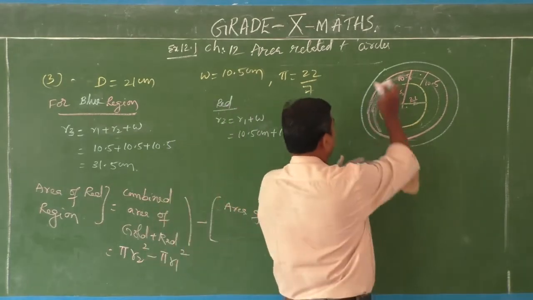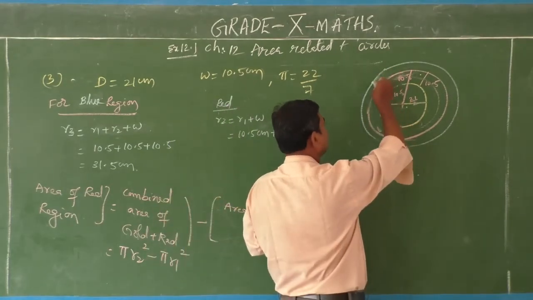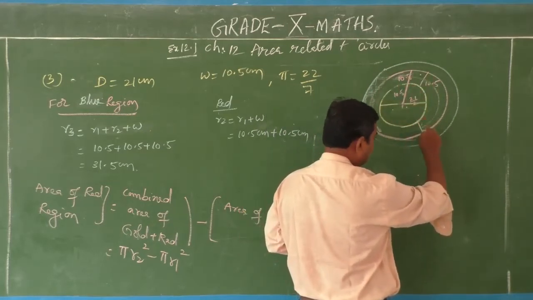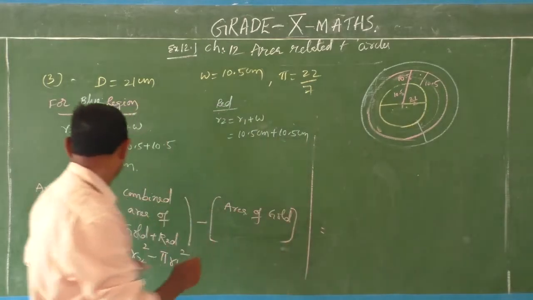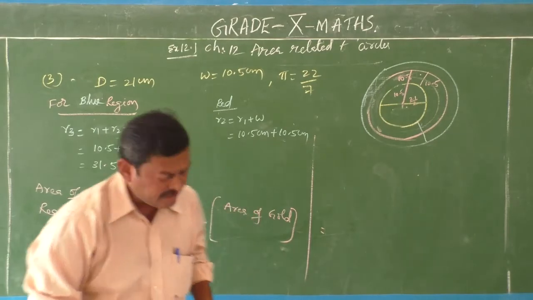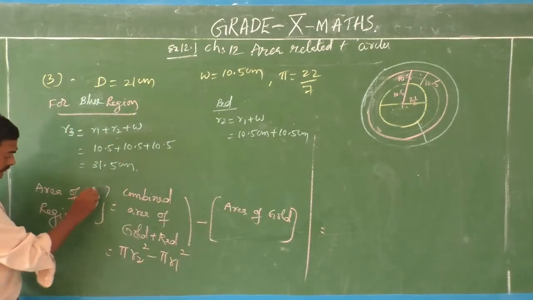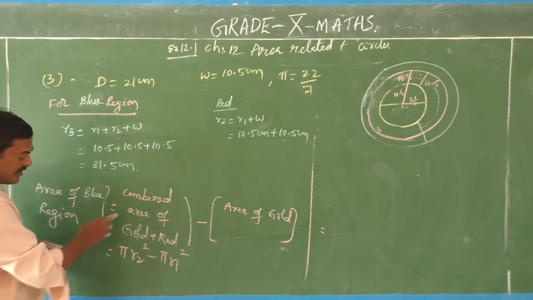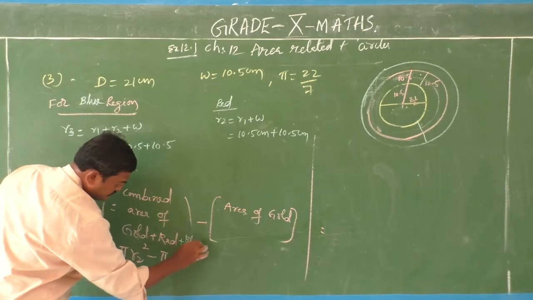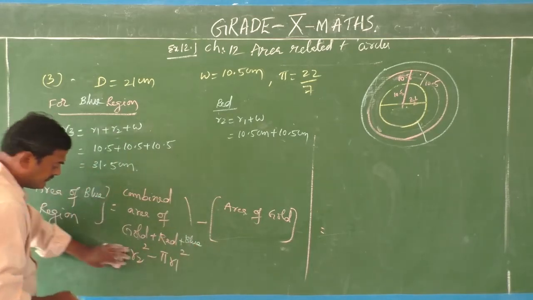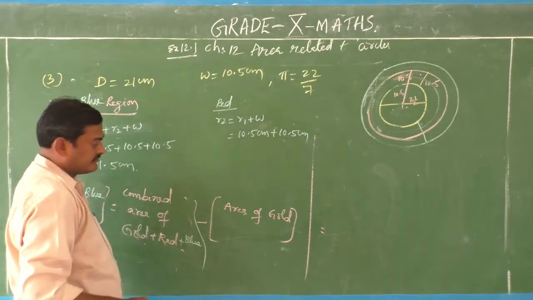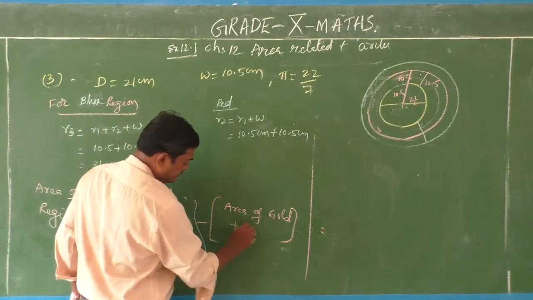Now we need to find the area of the blue region alone. So blue region alone means the combined gold plus red plus blue, minus gold plus red. The area of the blue region equals combined area of gold plus red plus blue minus area of gold plus red.